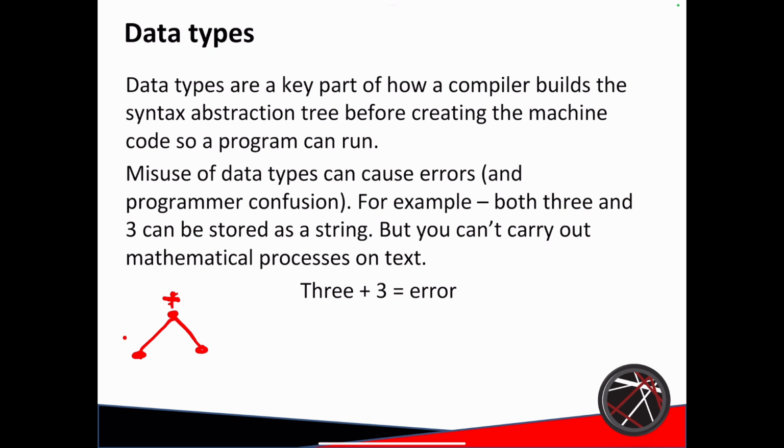We would need to know that there was a number on this side and a number on this side, and because of that, it would then be able to read that as 4 plus 3, and therefore would know that it could then add to 7. What's actually happened here, though, is we've needed to state that therefore that and that are both integers.